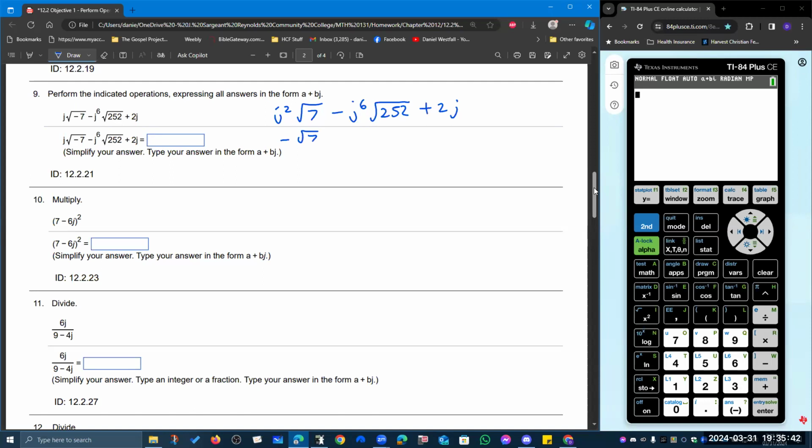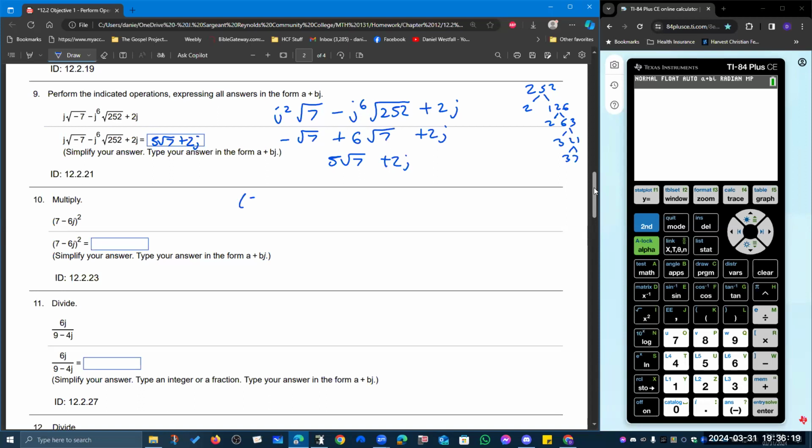And then this is going to be minus a negative 1, so plus root 252. 252 is 2 times 126, which is 2 times 63, which is 3 times 21, which is 3 times 7. So this is 6 root 7. It's 2j. And then this is going to be 5 root 7 plus 2j.